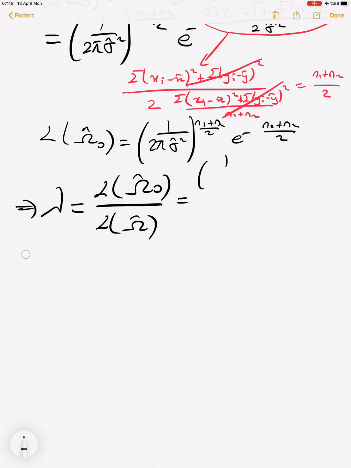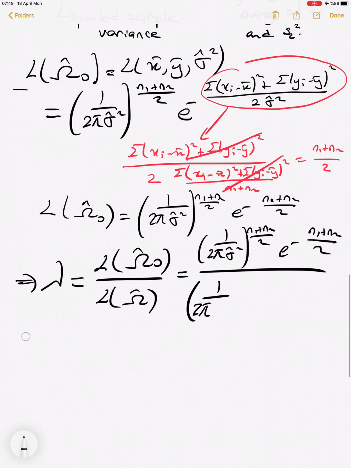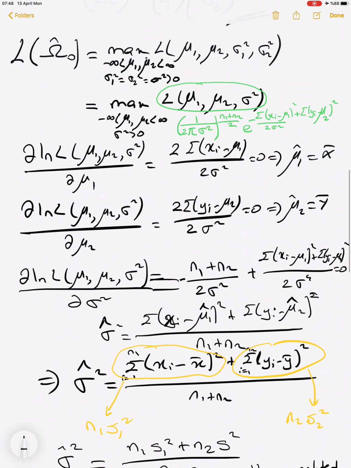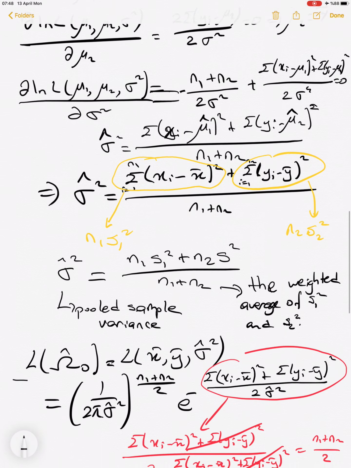So we have 1 over 2 pi sigma hat square to the power of (n1 plus n2) over 2, e to the minus (n1 plus n2) over 2, divided by 1 over 2 pi. What was this likelihood? Let's check. Oh, okay. So we have this.